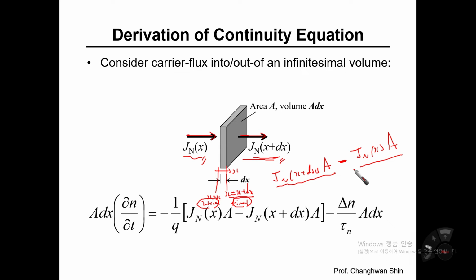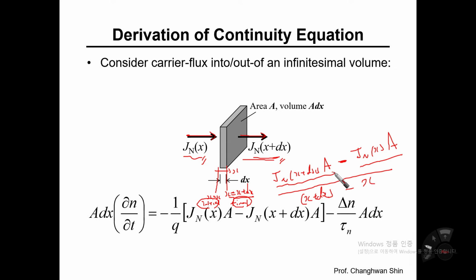In Korean, 나중 minus 처음. In calculus, 미적분학 in Korean, you may have learned how to estimate how much variation happens between two different spots. The final destination is x plus dx, and the initial place is x.